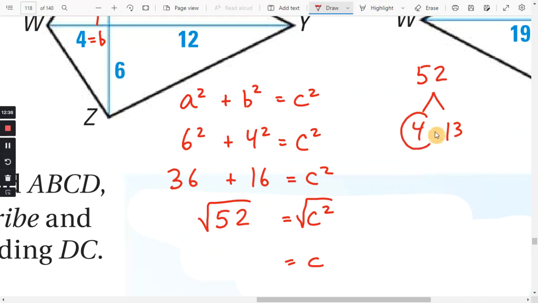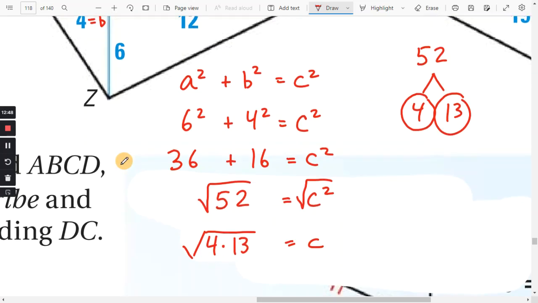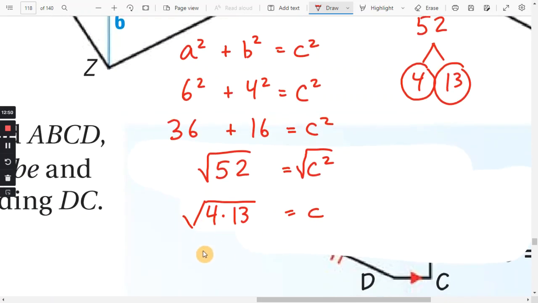So you just circle the last numbers. Okay, you can't break up the 13. So it's going to be 4 times 13. And the square root of 4 is just 2. And we still have radical 13. And that equals C.